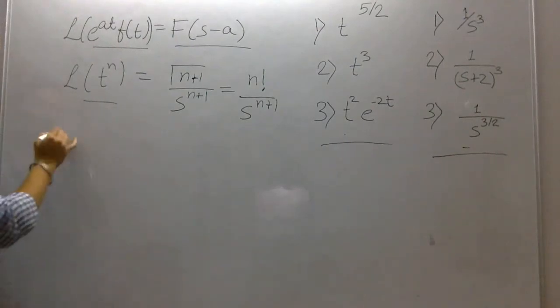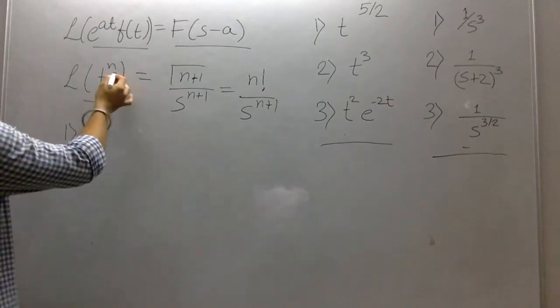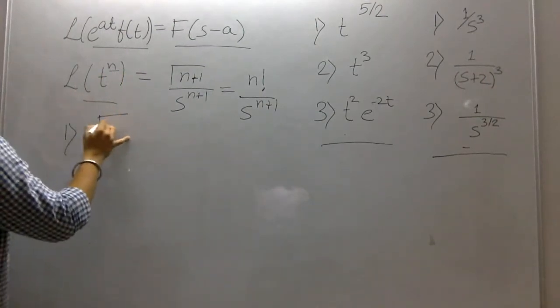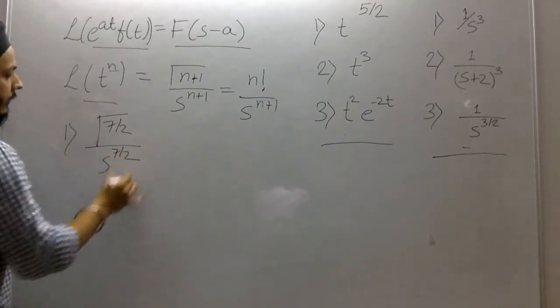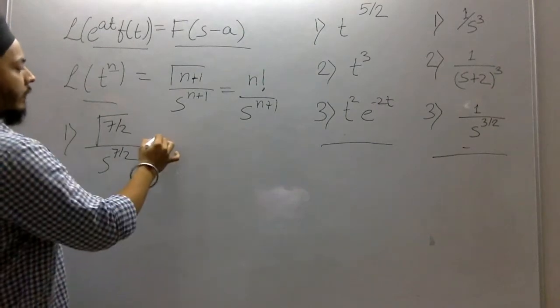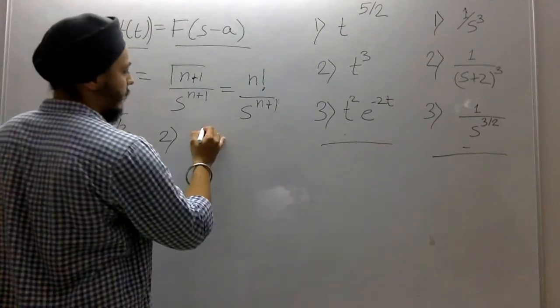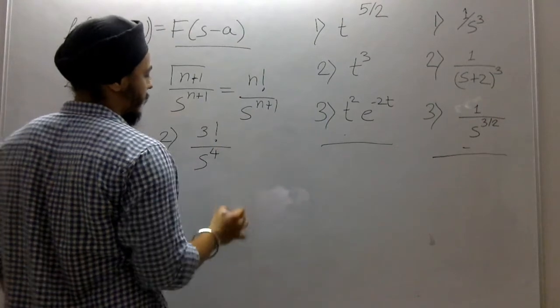So the answer for the first one will be, here n is 5 by 2, hence it will be gamma 7 by 2 by s to the power 7 by 2. For the second, it is t to the power 3, so the transformation will be 3 factorial by s to the power 4.